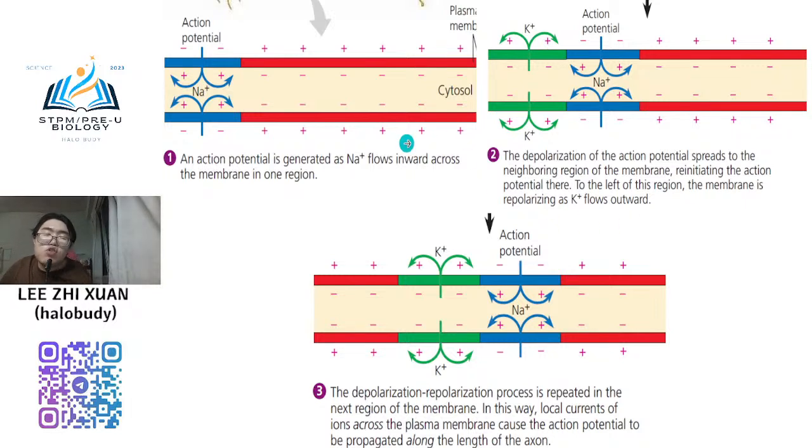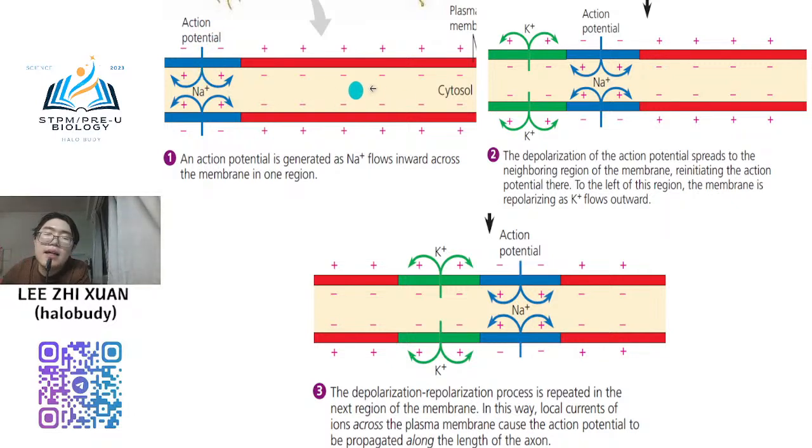As I mentioned before, the action potential, the electrical charge, the nerve impulse will not pass through all at once. It will pass from one part to the next part. So when the nerve impulse reaches this region, only this region will trigger an action potential.